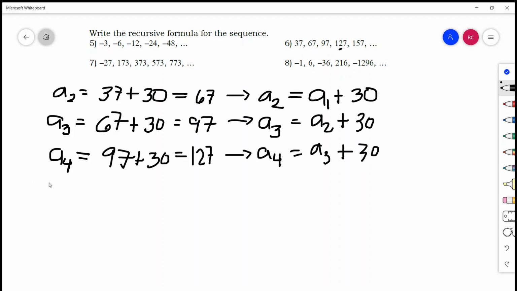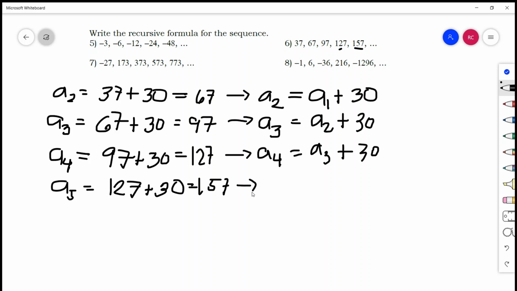Okay, now for the fifth term, we have 127 plus 30 equals 157. And this is the fifth term of our sequence.